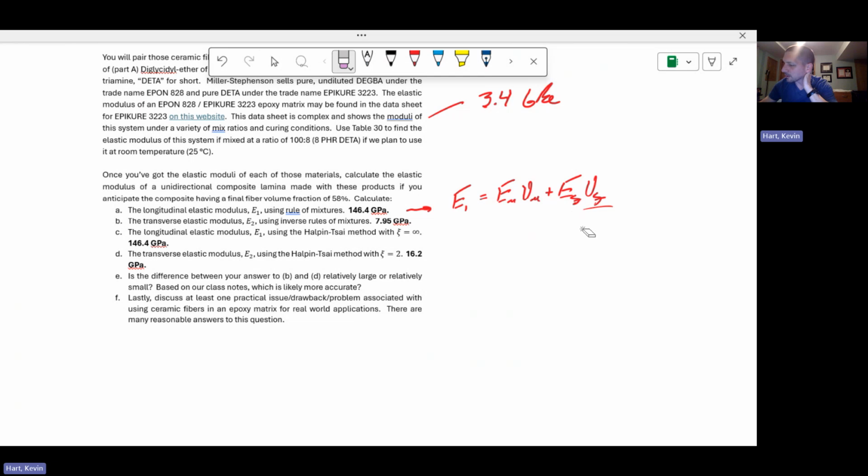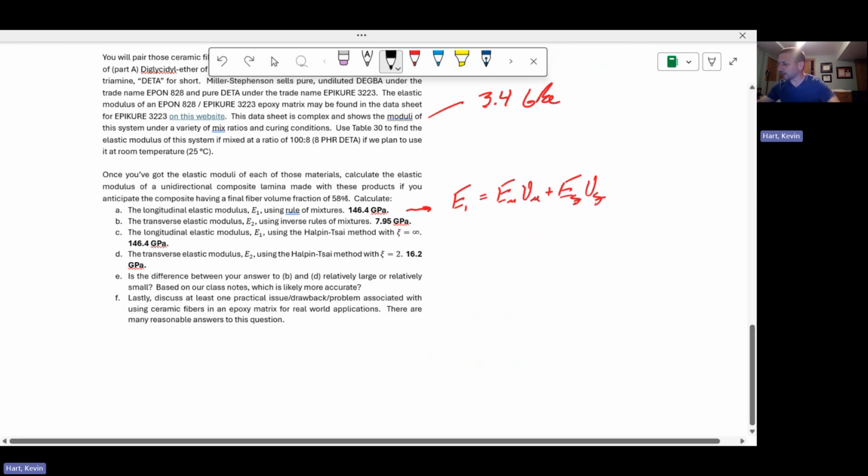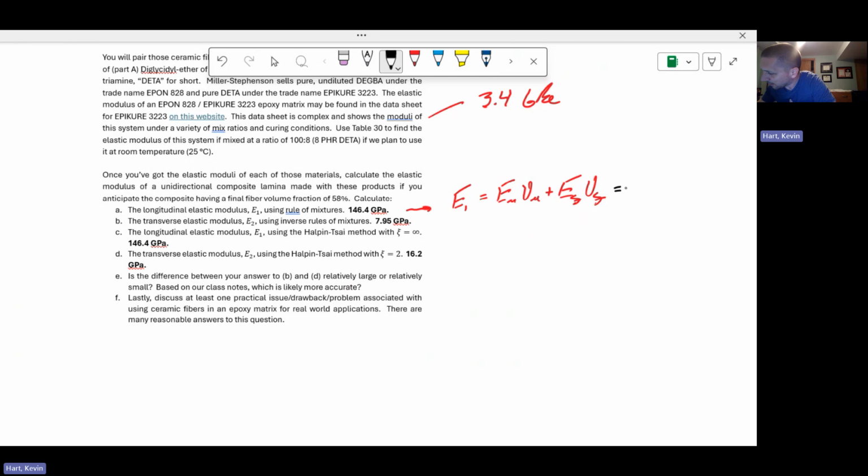So go ahead and plug the values in now. It says we anticipate a volume fraction of 58%. So that's the volume fraction of the fibers, that's VF. That means VM is 1 minus 58%, or 42%. So in the end, if we're calculating this, we would have the elastic modulus of the matrix. We looked this up, 3.4 GPa, multiplied by the volume fraction of the matrix, 1 minus 0.58, or 0.42, plus the elastic modulus of the fibers, 250 GPa.